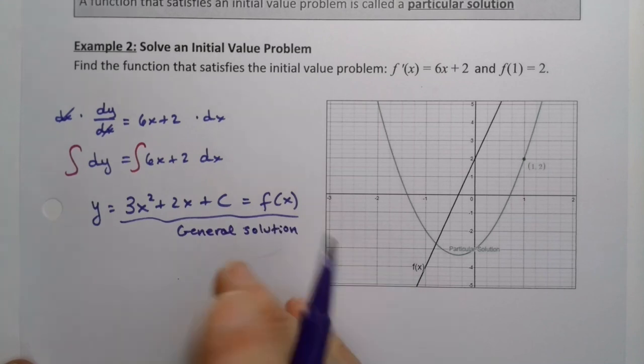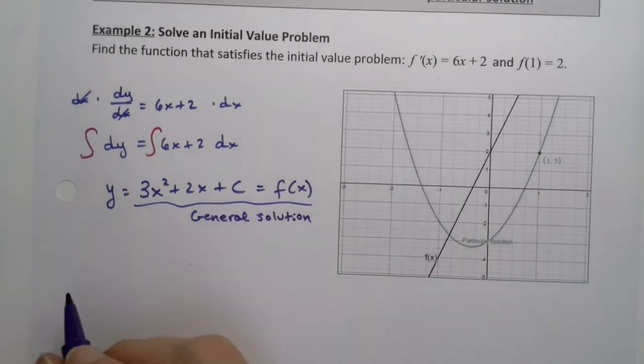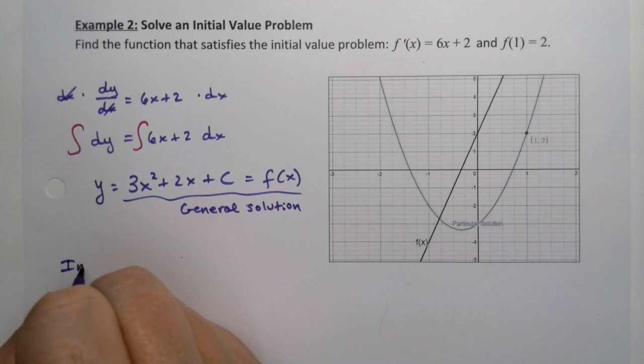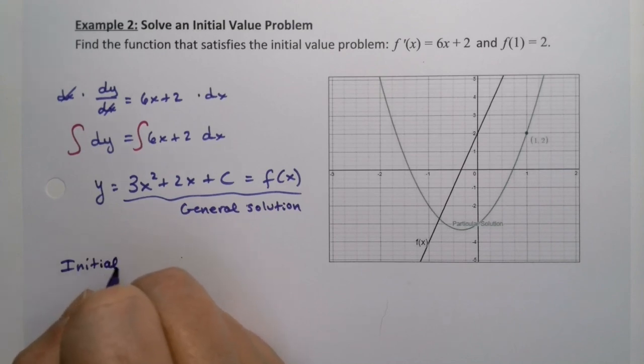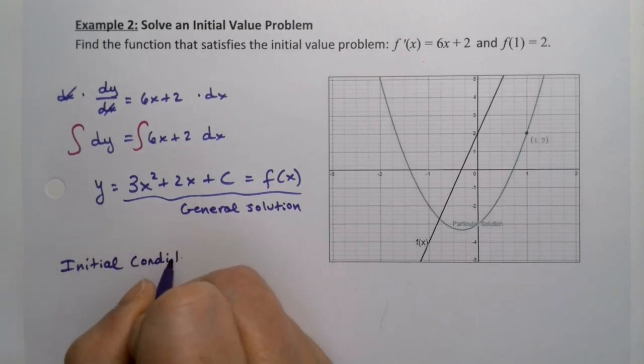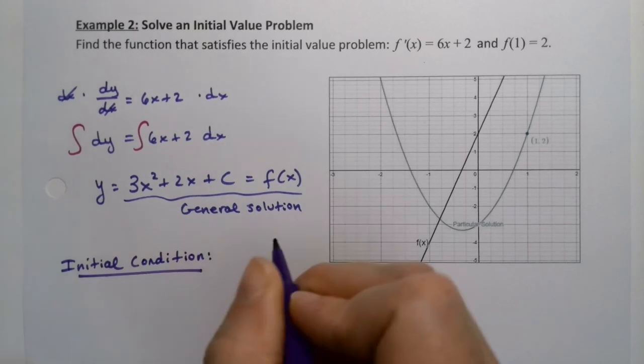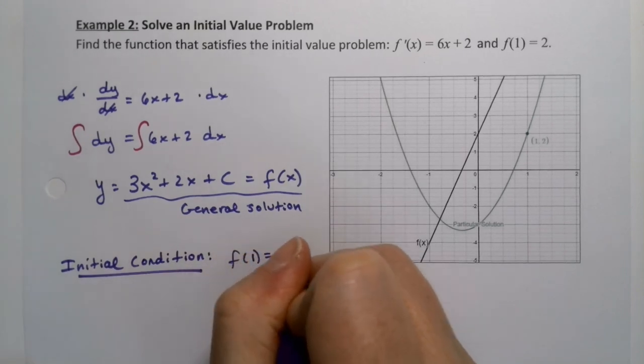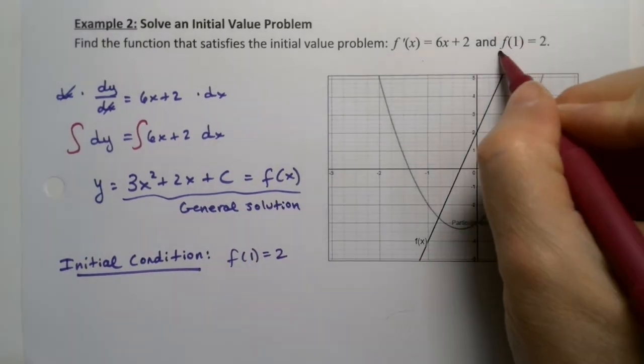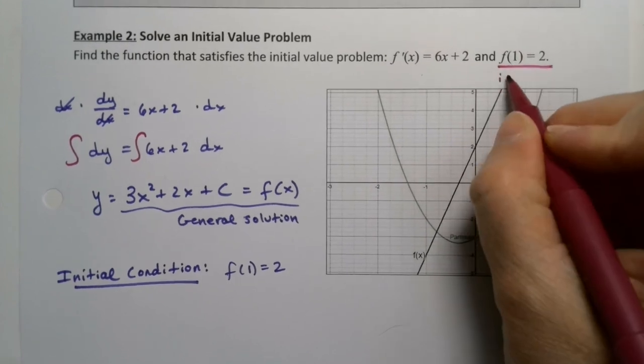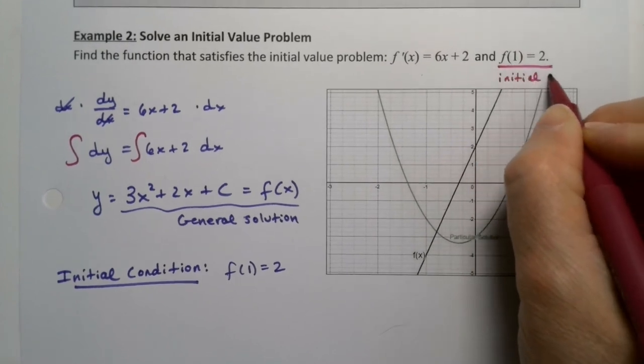I just reran it. Okay, but now they gave us an initial condition. The initial condition is that f of 1 is equal to 2. It's right over here. That's an initial condition. Something set in stone about this function.